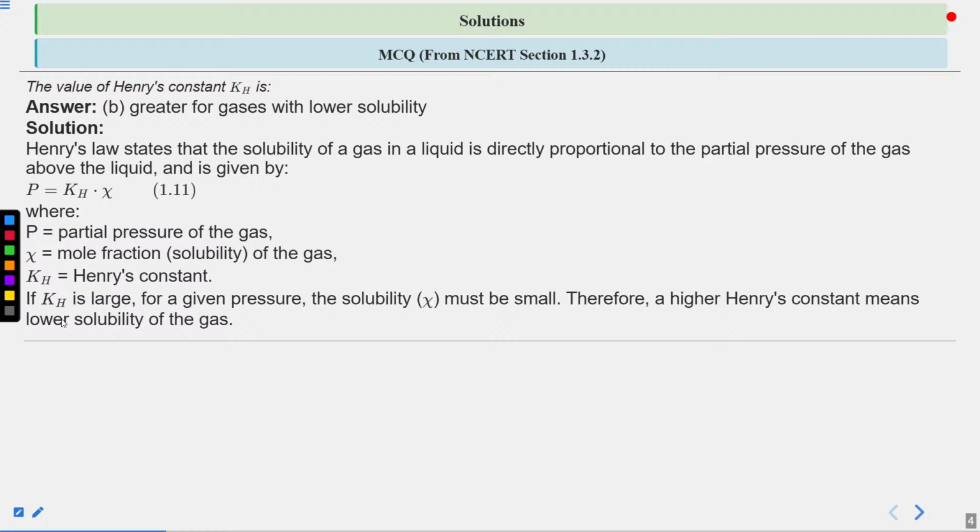You can clearly see that if the KH value is larger for a given pressure, the solubility, or chi, must be small.